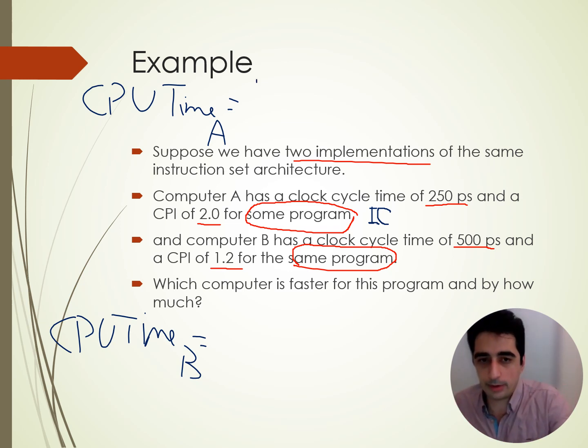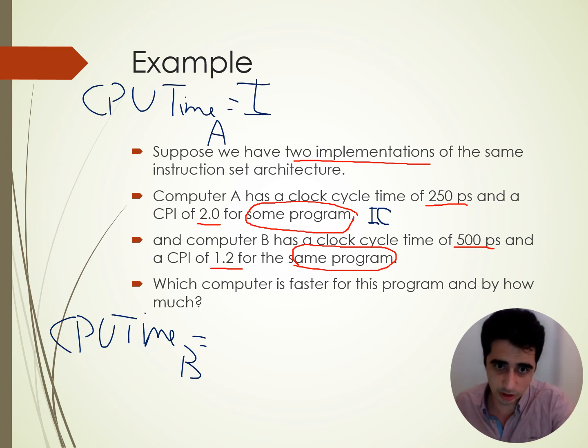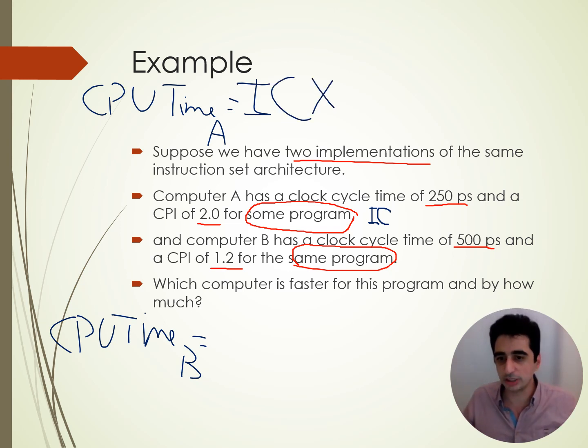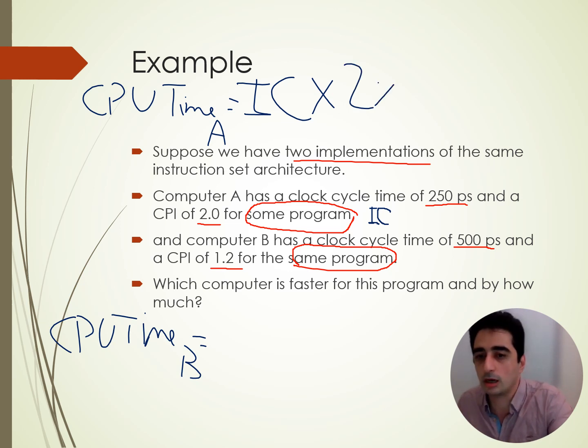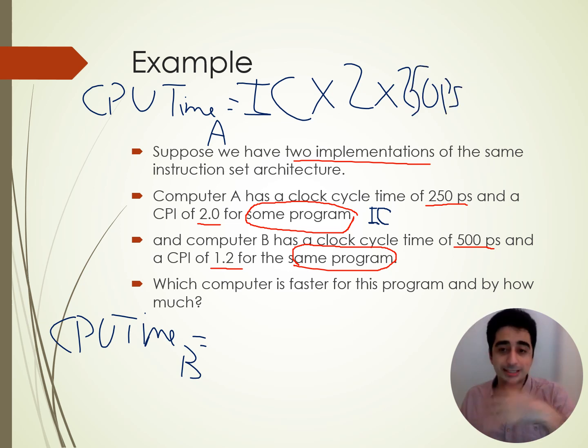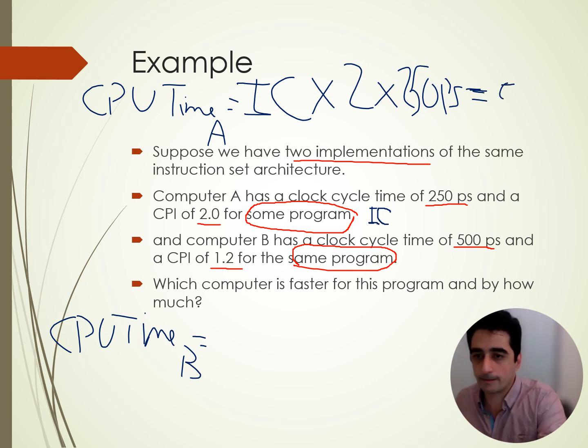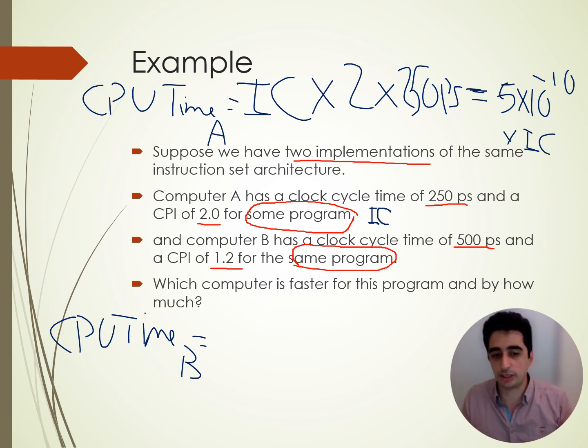So let's do that. I'm going to start with computer A. Instruction count, if you remember the formula, instruction count times CPI times the clock cycle time, which is 250 picoseconds, right? If you multiply and simplify this, that's going to be equal to 5 times 10 to the negative 10 times IC, or instruction count. For computer B, we have the same instruction count.